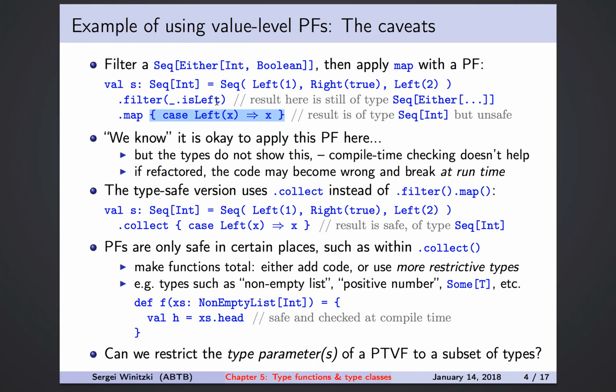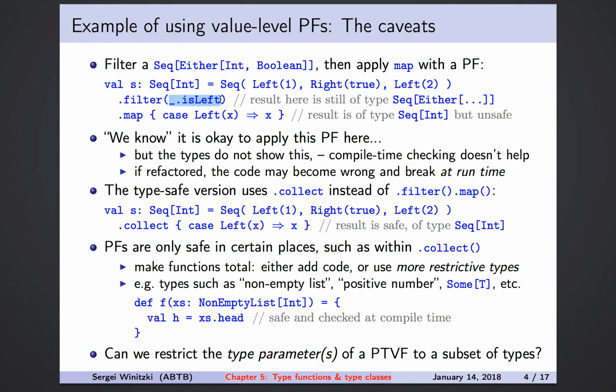The compile-time checking can tell you maybe that there is some problem, a warning that certain cases will not be matched, but it doesn't know it's safe. And so if you refactor this code in some way, let's say you put this part in one module and this part in another module, and then different people start to modify this, and eventually this condition is changed and it has more complicated conditions, whatever features we need to implement.